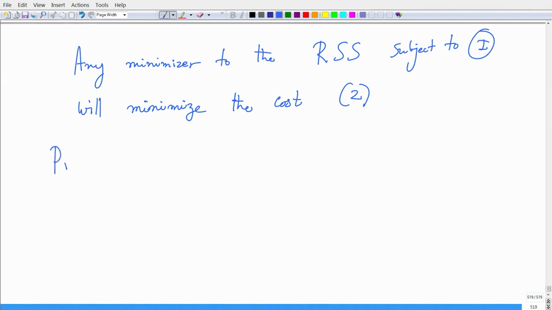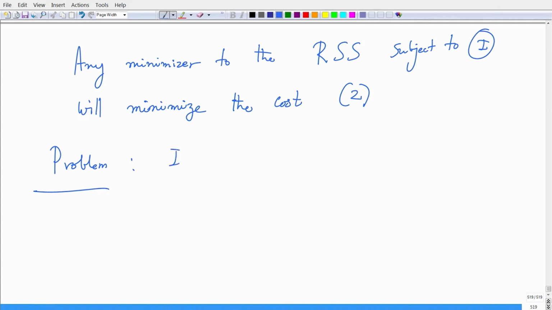Now, do you see a problem here? If I have k variables, I can have 2 power k linear constraints, right.